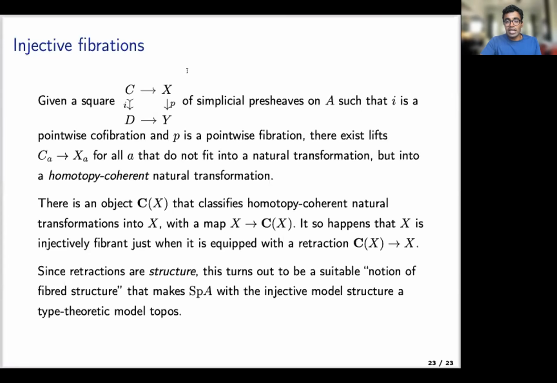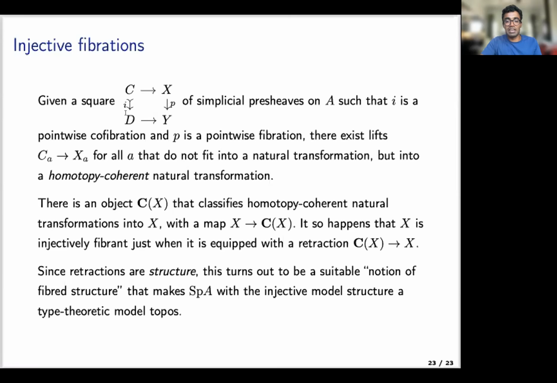If you take a commutative square of simplicial presheaves, where on the left we have a pointwise cofibration, and on the right we have a pointwise fibration, then pointwise there exist lifts. Sorry, I should have said trivial cofibration. That's a mistake over here.